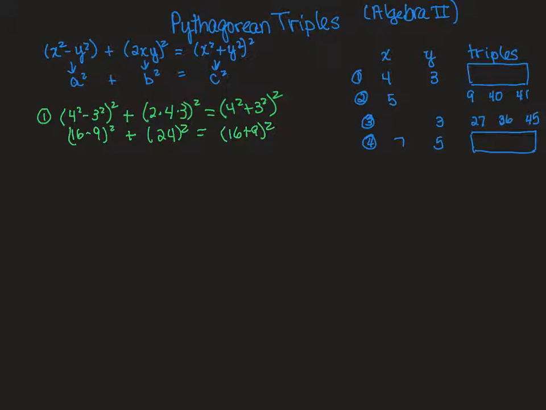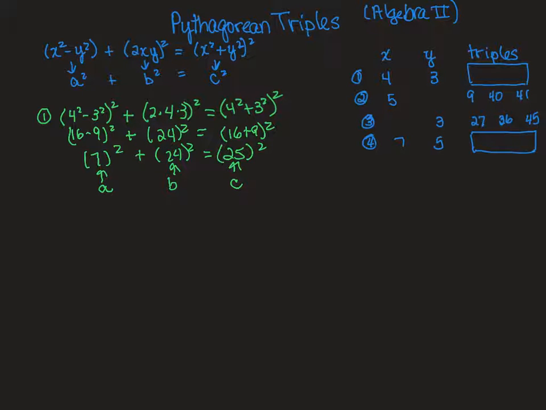And I can go further: 7 squared plus 24 squared equals 25 squared. That means 7 is A, 24 is B, and 25 is C.